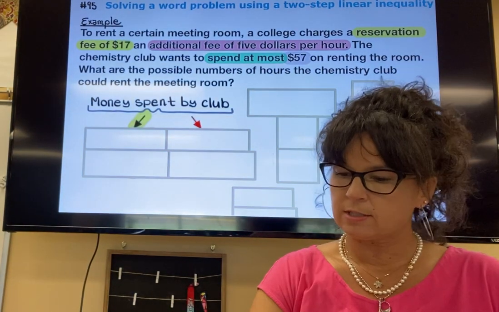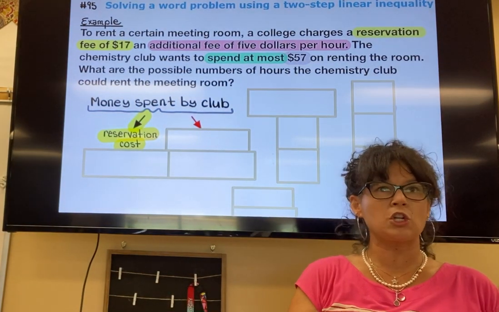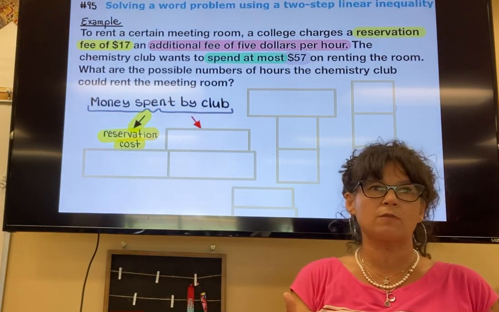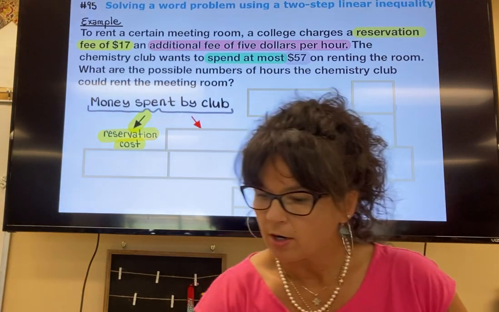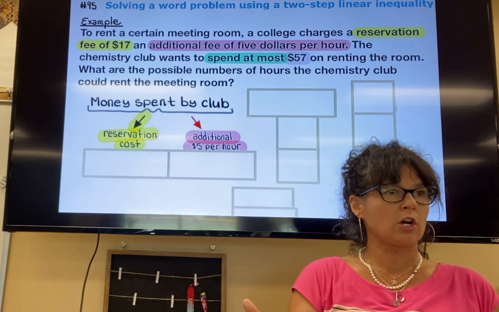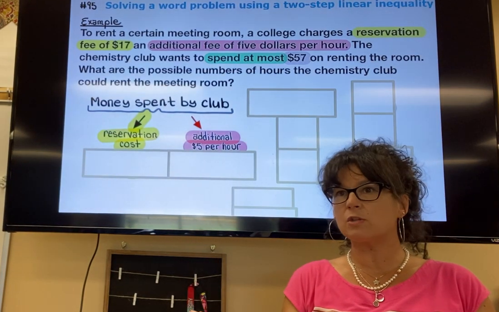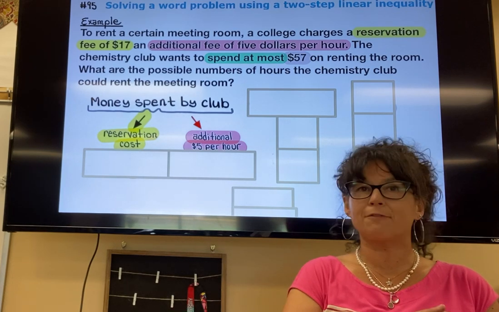One of the sources is just making the reservation. You give them a call and you say, I want to reserve this room. And then another part comes from how much money you get charged because of the length of time that you spend there. The reservation cost is a flat fee.